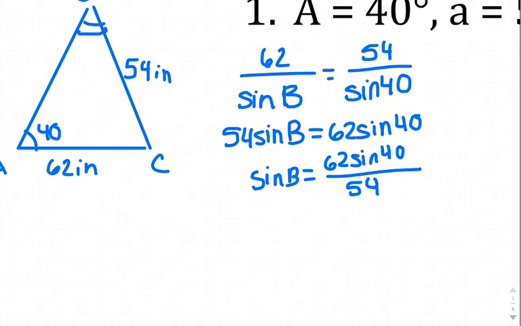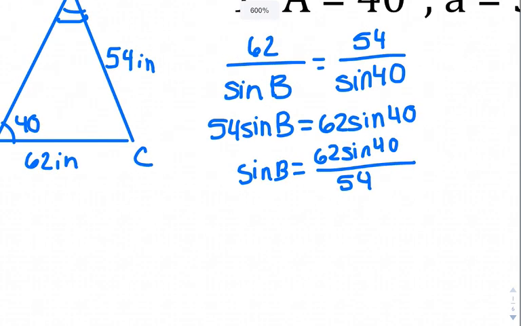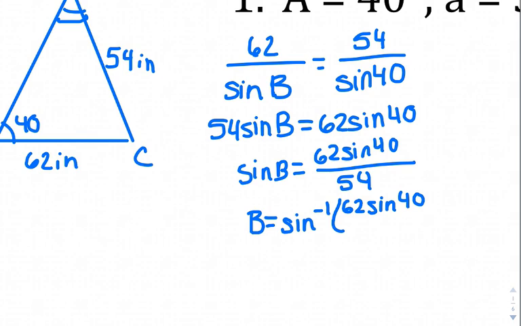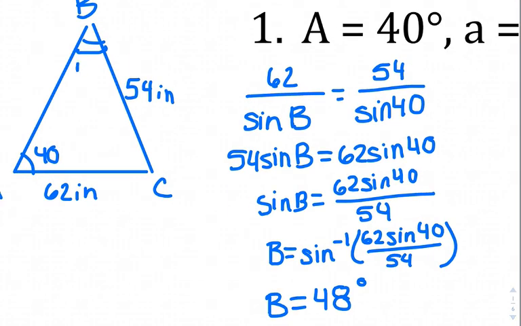In order to separate sine and B, remember we take something called the inverse. So in your calculator, make sure you hit second sine, so you get that sine to the negative 1, and then you plug in this fraction. When I plug it into my calculator and round to the nearest degree, I get 48. So my B value in my first triangle is 48.